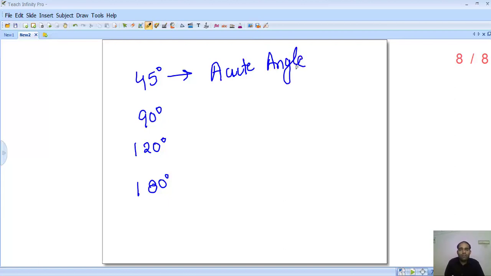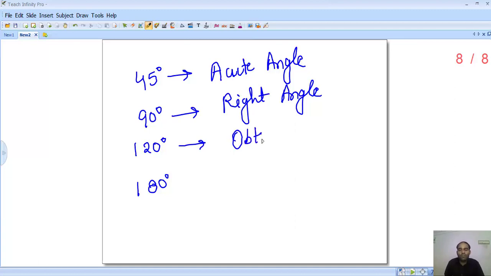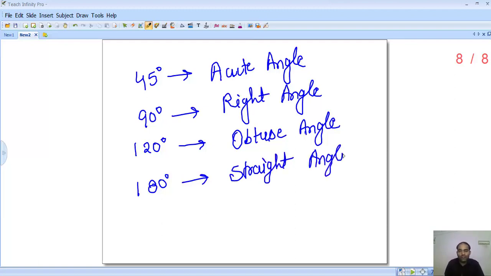The 90 degree angle is a right angle. The 120 degree angle is an obtuse angle. The 180 degree angle is a straight angle.